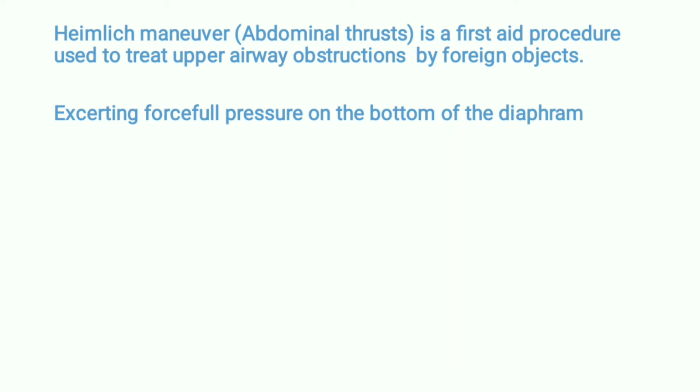We are exerting forceful pressure on the bottom of the diaphragm to remove or dislodge the object. Residual volume of air helps in Heimlich maneuver to remove the foreign object. Let us see the next image.